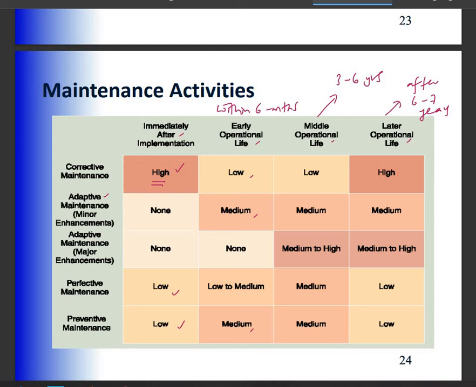Sebab dia dah start ada pelbagai masalah. Orang dah tua, start ada pelbagai masalah. Kencing manis lah, darah tinggi lah, darah rendah lah. Okay. So, kena jumpa doktor untuk nak correct, untuk nak dapatkan the correct treatment. Sistem macam tu juga.